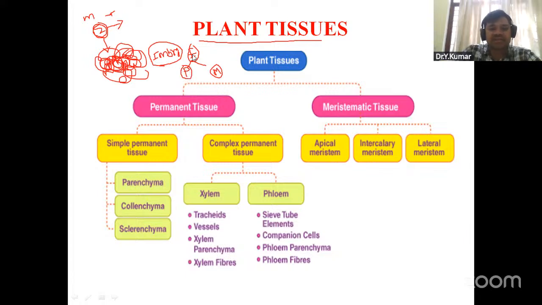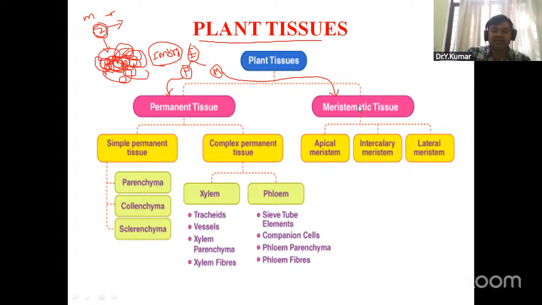Like this, from the embryonic cell, the group of permanent cells together forms a permanent tissue. And the group of meristematic cells forms a meristematic tissue, right? After formation of the permanent and meristematic tissue from the embryonic cell, the permanent tissue cells cannot divide further.